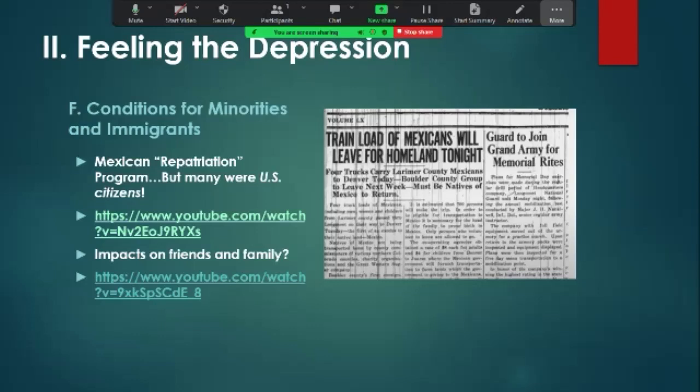Just taking groups of people you don't like and forcing them out of the country is not going to improve the economy and just make unemployment or anything like that go away. Same thing is true about crime, all right? We've unfortunately seen some very similar circumstances occur more recently, and that's something we just need to be very wary of and understand that this has tremendous impacts on the people involved as well as their friends and family members.